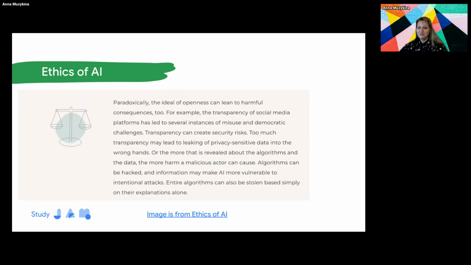All right. So, we're talking about why transparency is so important, but let's be real. It's not all sunshine and rainbows. There's a flip side to this whole openness thing.